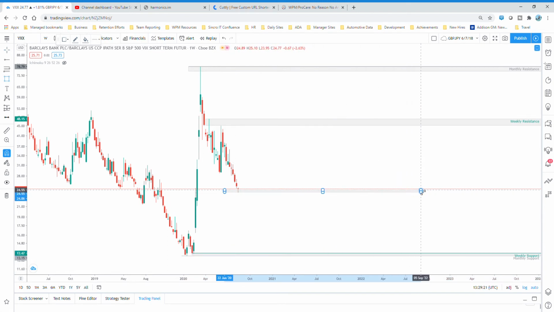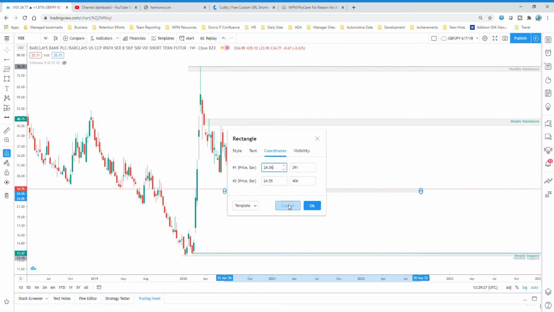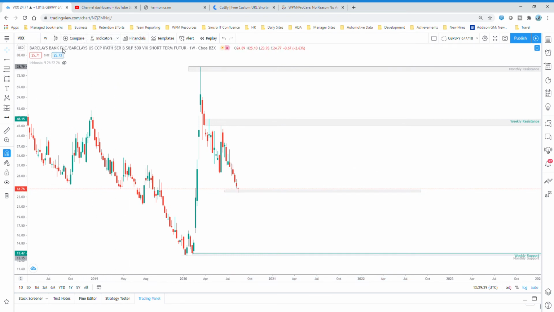This is our weekly support, sorry. On this one I won't use that, because as we get down to the daily and the 4 hour, I'll draw these zones out a little differently. So we'll just do our ray here as our weekly support.